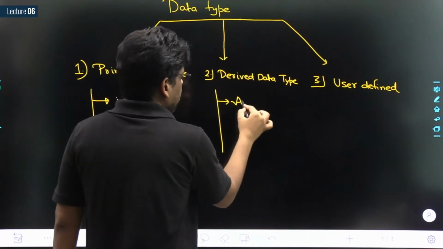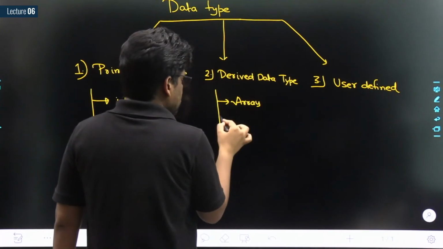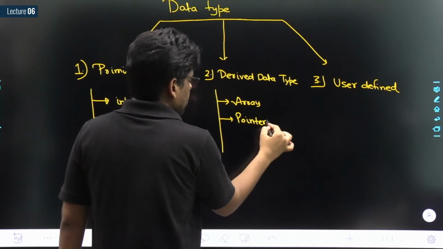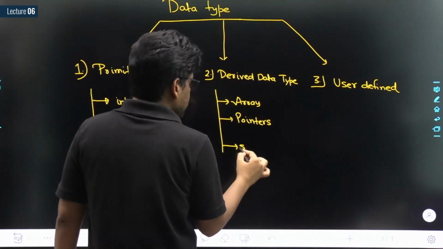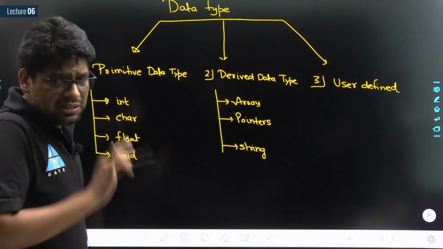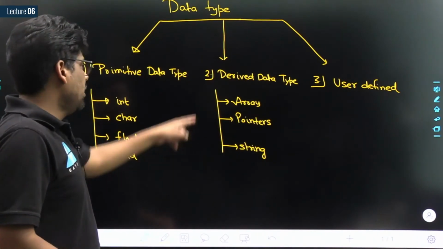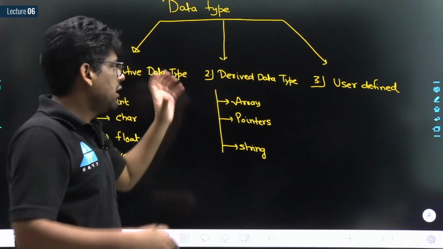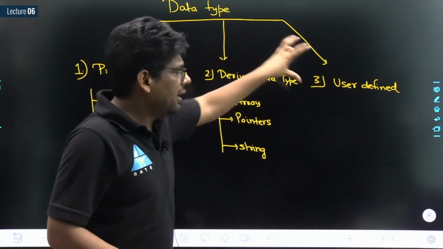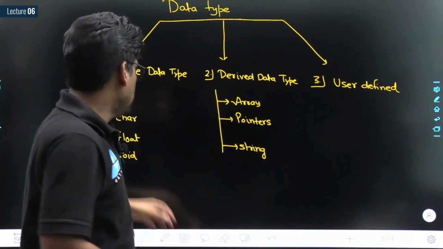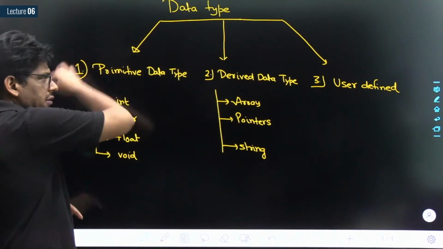Sir, we have arrays, we have pointers, then we have string. We will discuss everything in detail, but in this chapter, I am going to cover only primitive data type. As the syllabus goes on, we will automatically cover derived data type as well as user-defined data type in coming chapters.